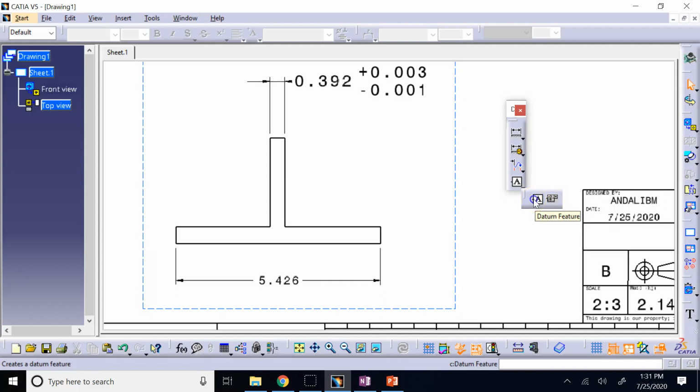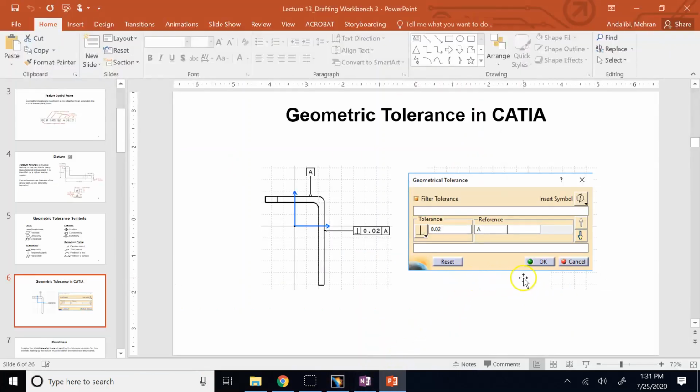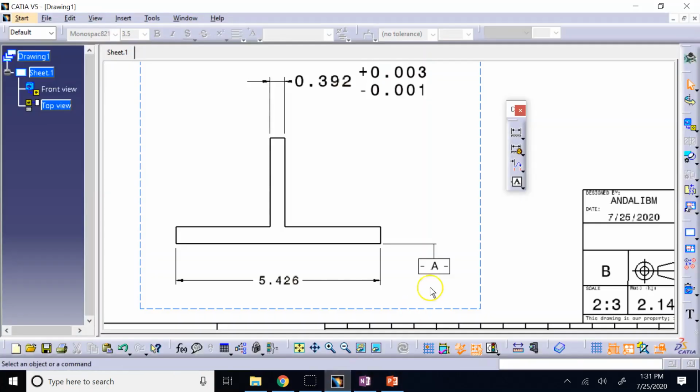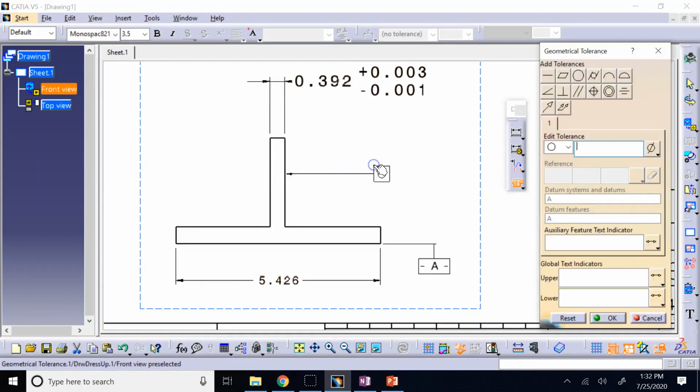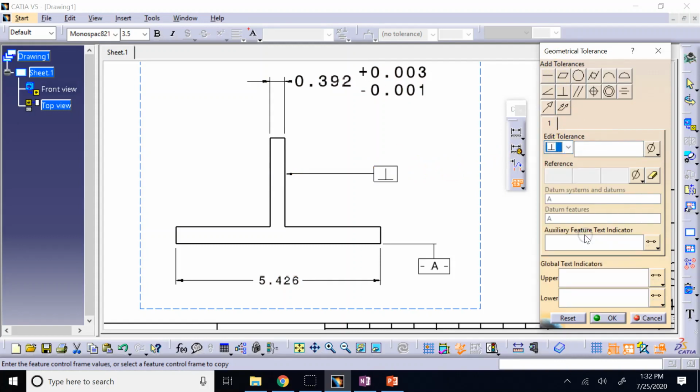So let's first set up the datum. We click here and then click on the bottom surface and say this is my datum A. You can give it a name, surface A, surface B, whatever you want. Then you click on the second one, geometric tolerance, and then click on the surface of interest. You click here. You say the symbol I want is perpendicularity.